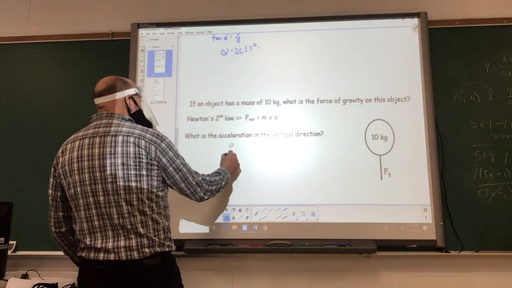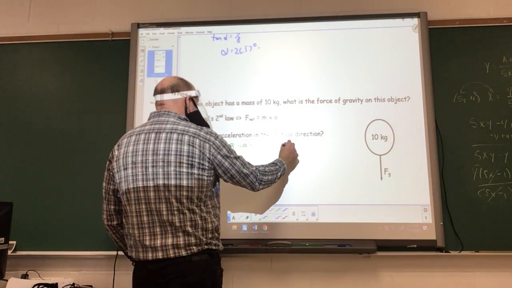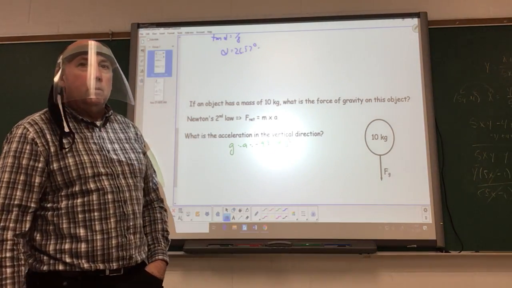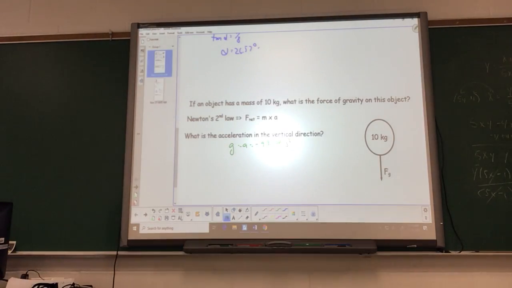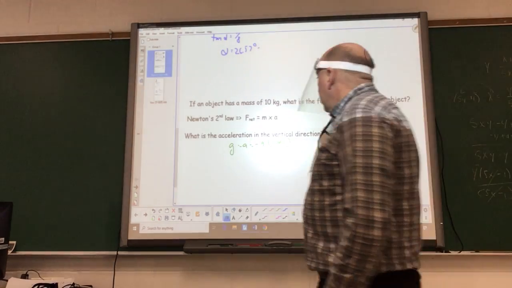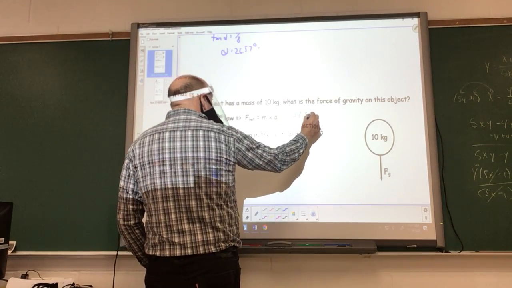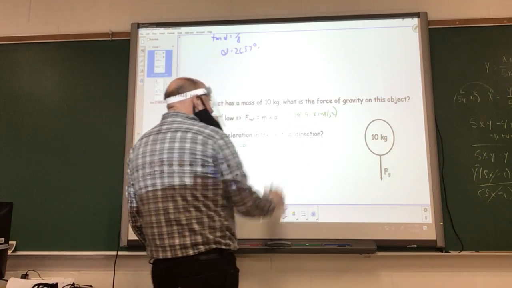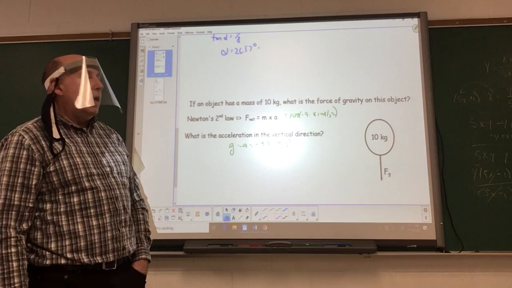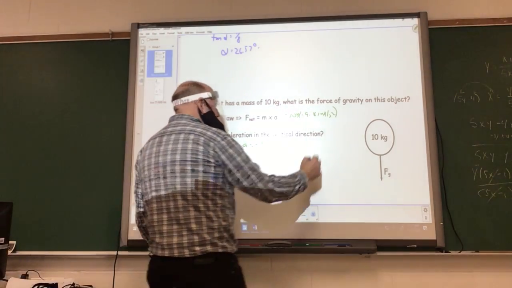This is just gravity, our acceleration, negative 9.81 meters per second squared. So we have 10 kilograms times negative 9.81, so we have a force of negative 98.1 newtons.